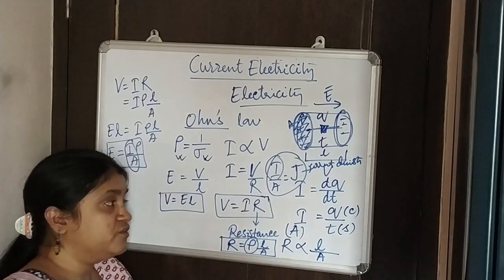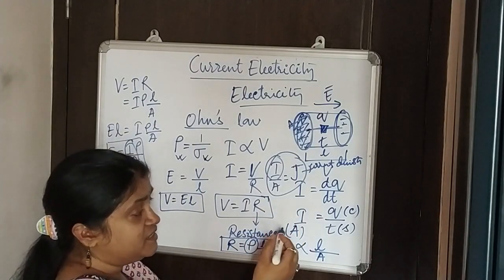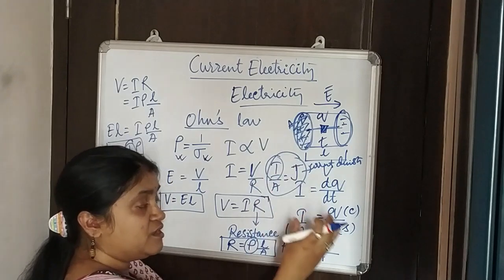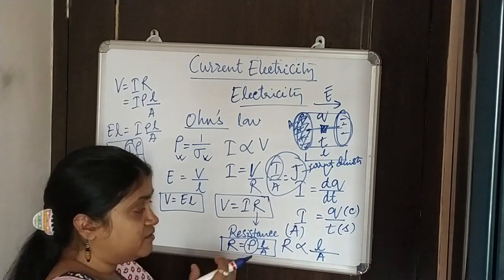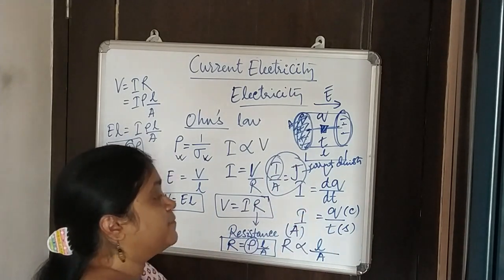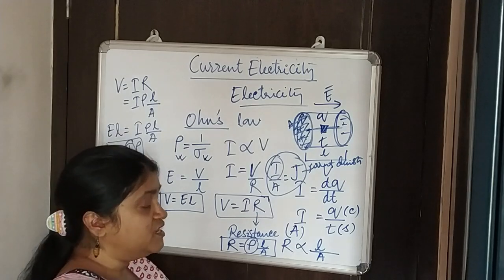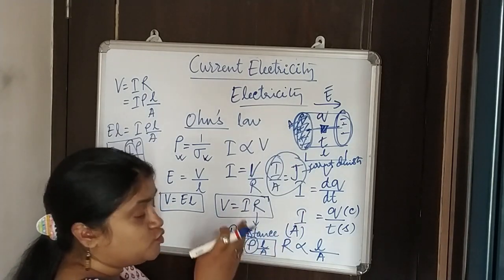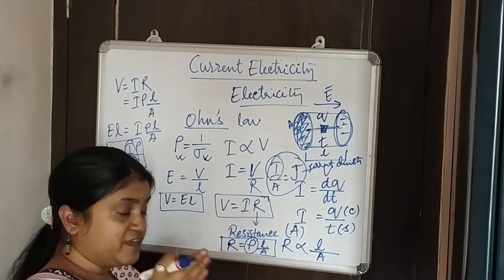If you remember, when we were defining the current, it is just the amount of charge per second, right? So actually current is not a vector quantity, though it has a particular direction. It is always directed towards the positive charge flow direction.